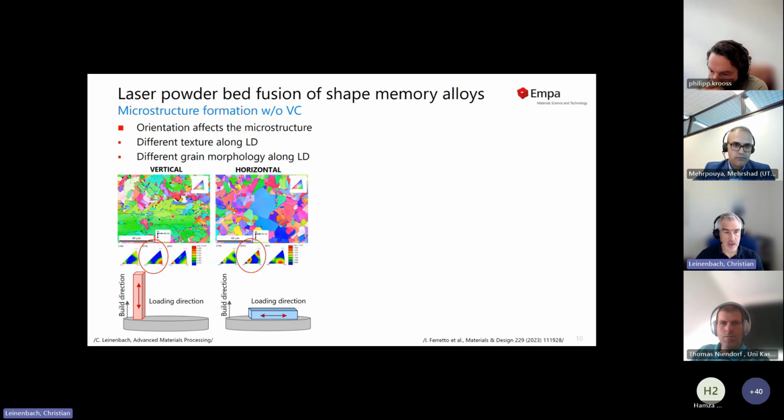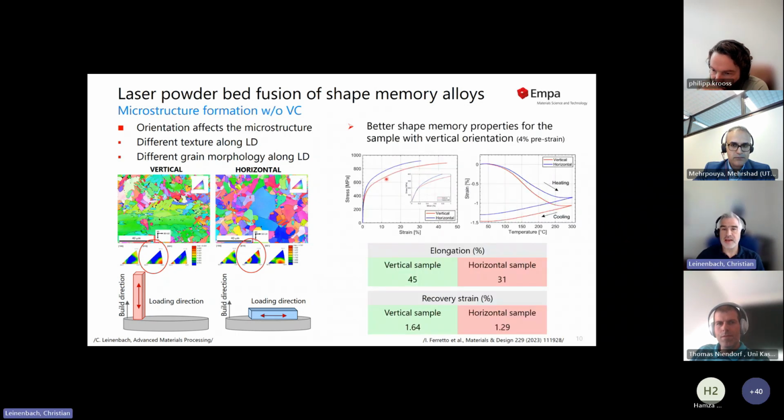And we also see different grain morphologies in the direction of the external loads, if we do our thermomechanical experiments. Having a closer look at that, this is just the stress-strain curve where you see that the horizontal parts, the blue ones, have a higher strength but lower ductility, and the vertical direction shows a higher strength, more ductility.